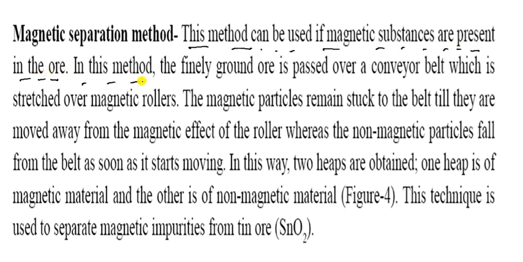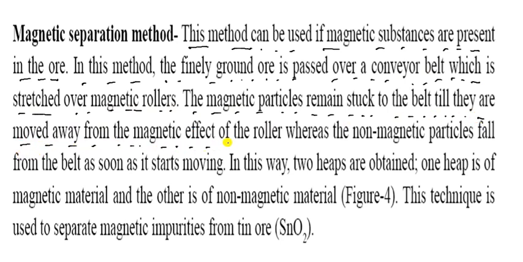Magnetic separation method. This method can be used when a magnetic substance is present in the ores. In this method, the finely ground ore is passed over a conveyor belt which is stretched over the magnetic roller.